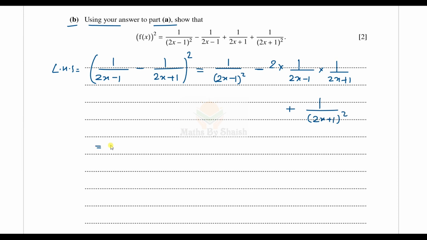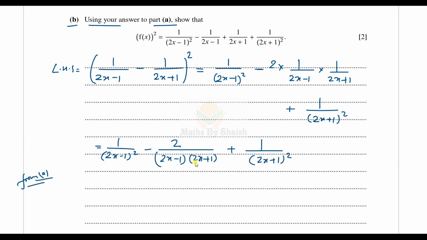So we got it as 1 over (2x minus 1) whole square minus 2 over (2x minus 1)(2x plus 1) and plus 1 over (2x plus 1) whole square. Now from A, we know this is equal to 1 upon 2x minus 1 minus 1 over 2x plus 1.